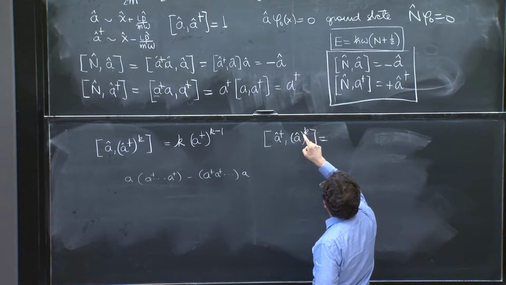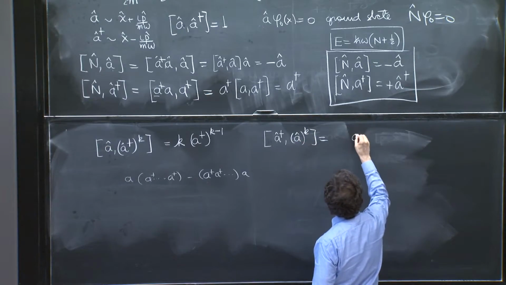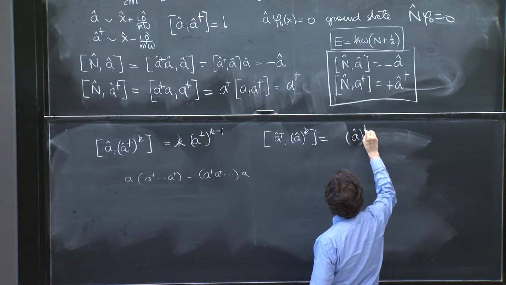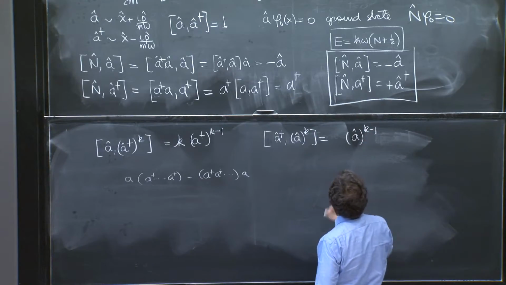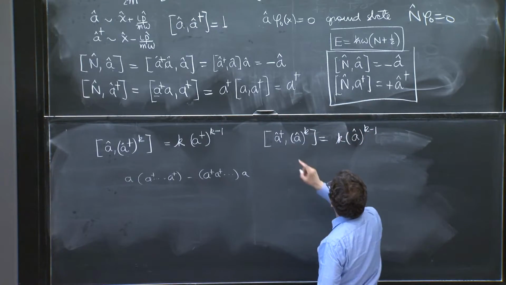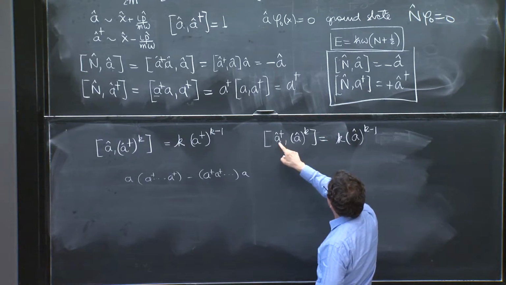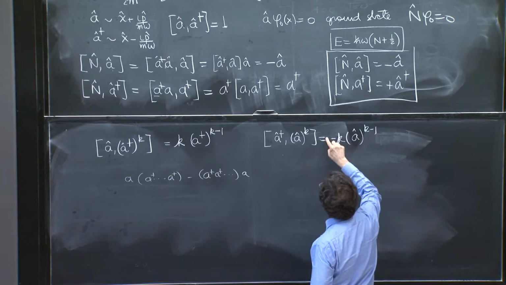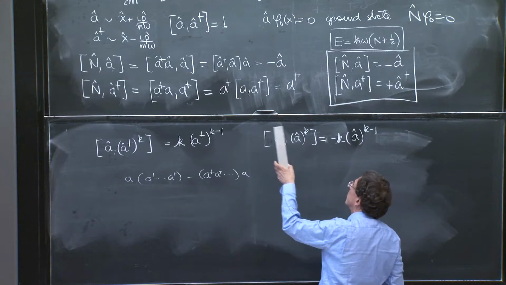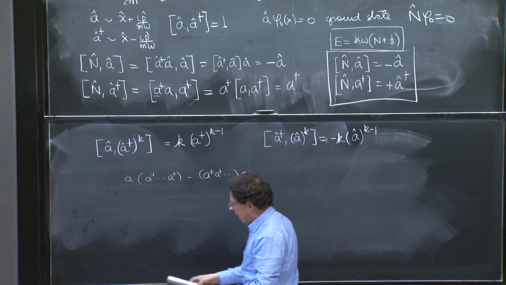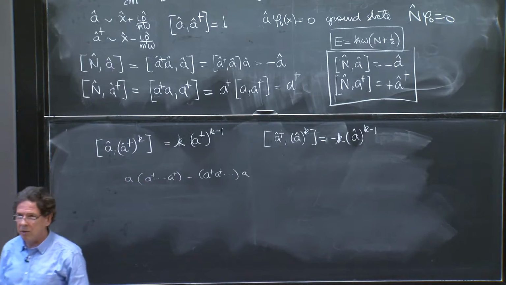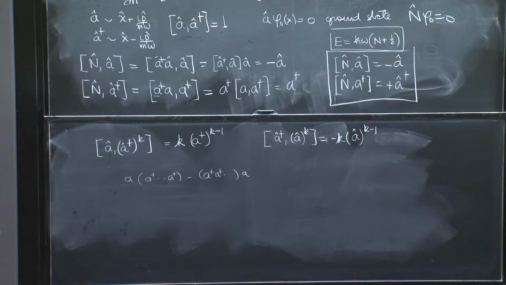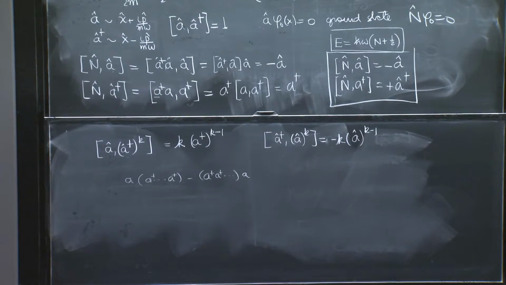You're going to get one less A, so A to the k minus 1, a factor of k, because k times you move an A dagger across an A, and a minus, because you're getting A dagger commutator with A as opposed to A commutator with A dagger, which is 1. So these are two very nice and useful equations that you should be comfortable with.